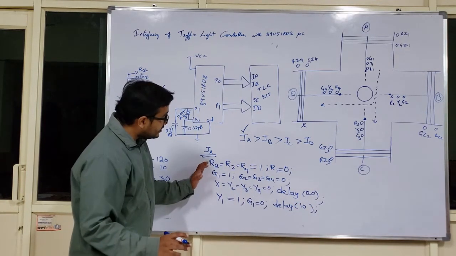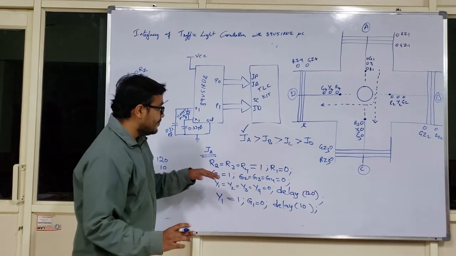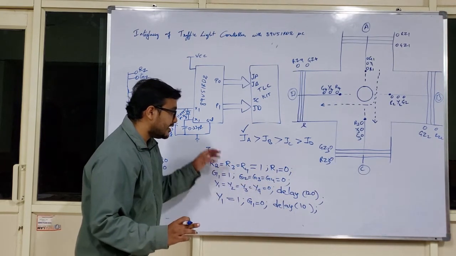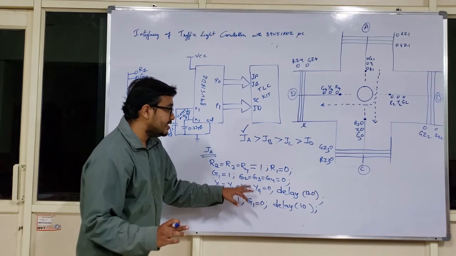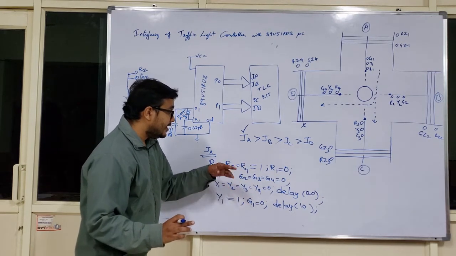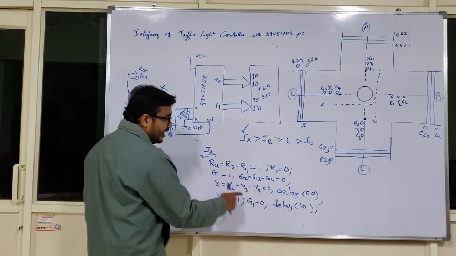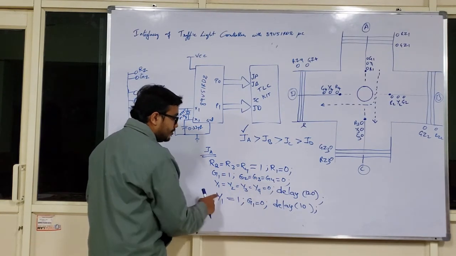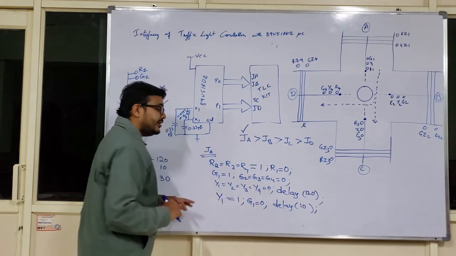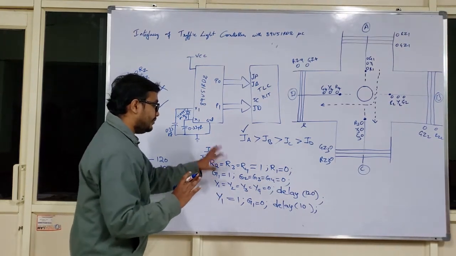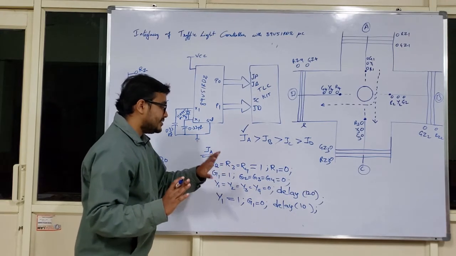I am not changing the remaining variables. What is the assignment that I have given to the variables? The assignment value will not be changed until and unless the variable is updated with a new value. Here G1 I have updated with a new value and Y1 I have updated with a new value. I didn't do anything else here, so all the variables will have the same values.